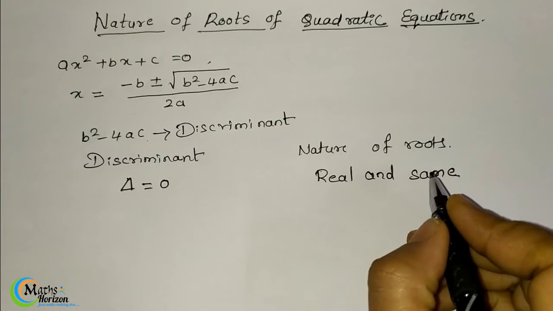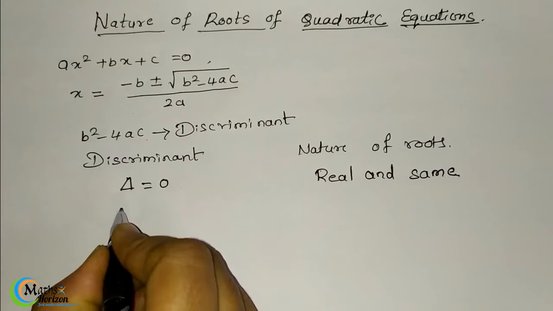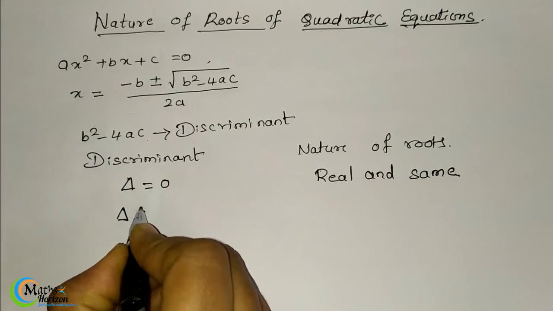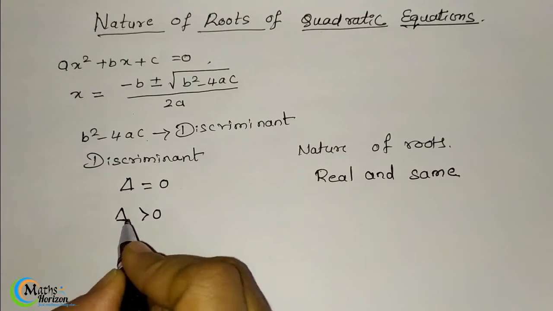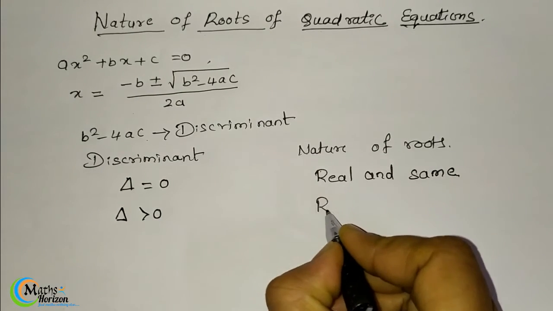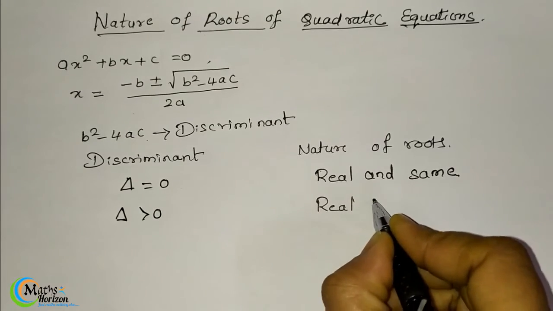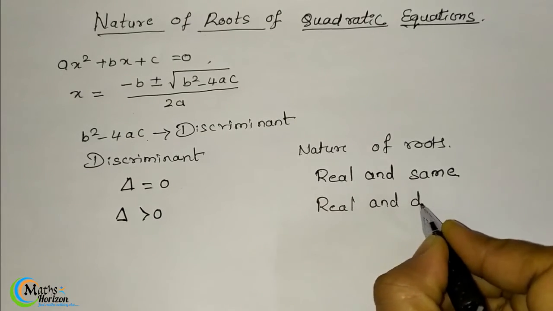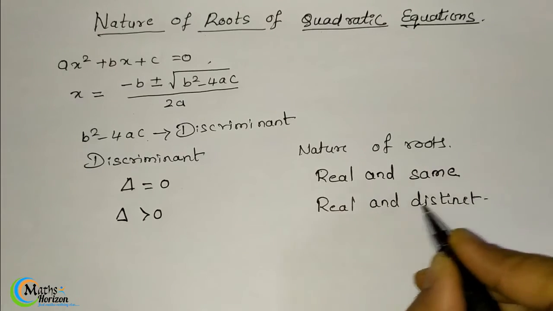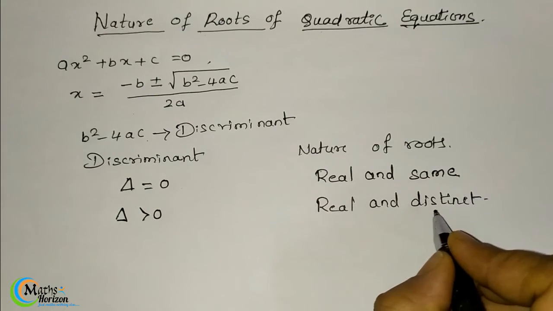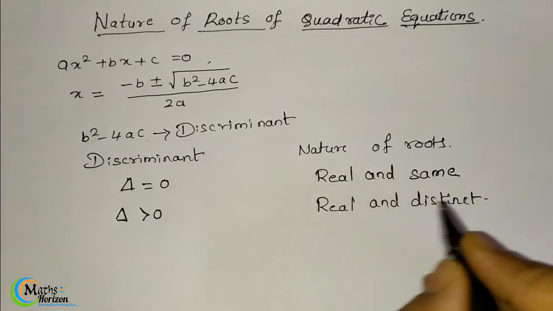Both the roots are real and same. If the discriminant is greater than 0, that means positive values, then the roots are real and distinct. That means the roots are real and both have different values.